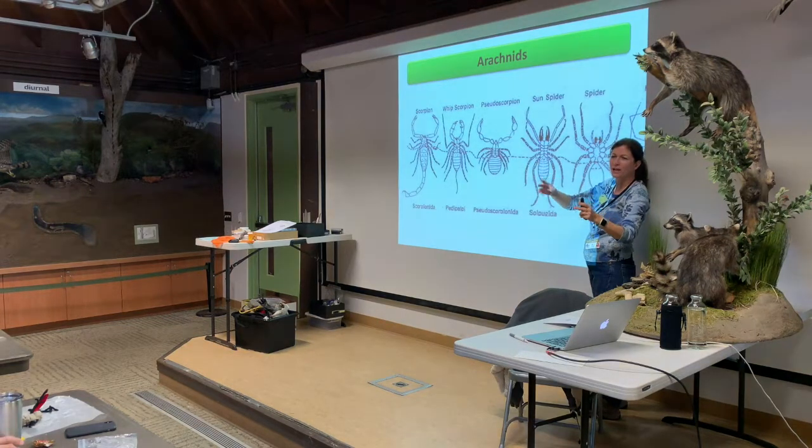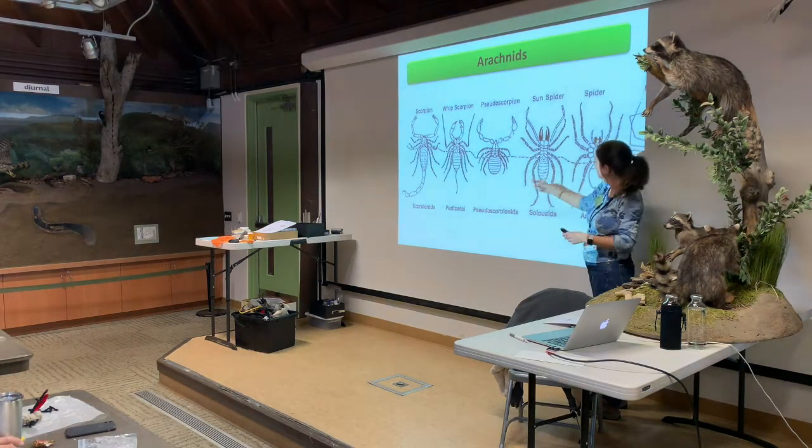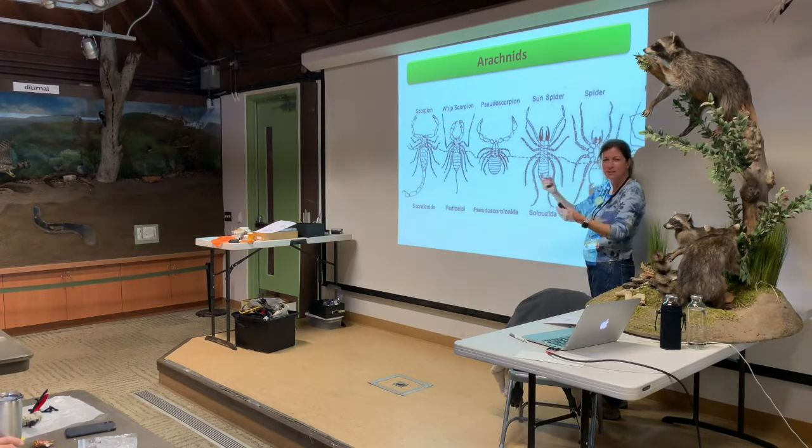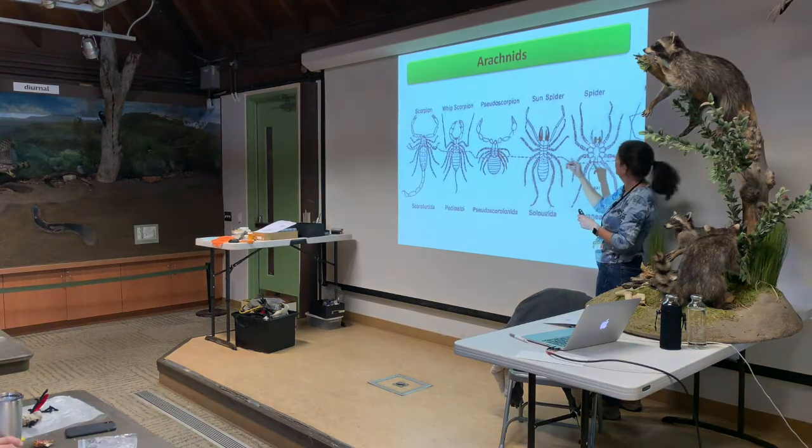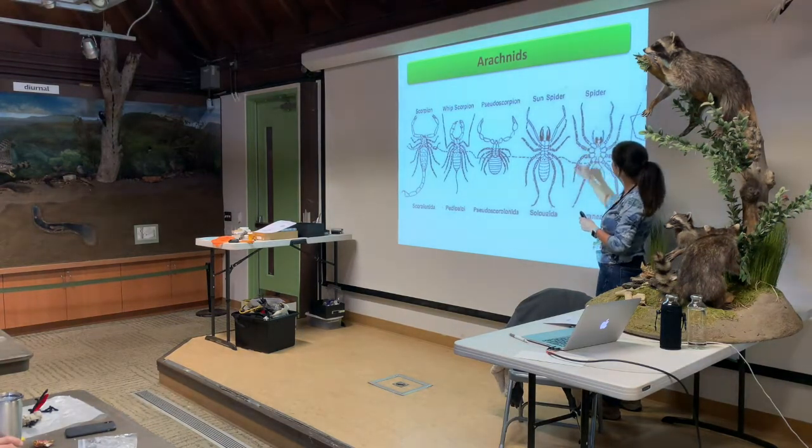That's why when you look at them, they're really weird. Like, is that a scorpion? No, it doesn't have the scorpion tail. It gets very confusing. And then spiders, where the pedipalps may or may not be longer, and the chelicerae look like fangs often in our spiders.